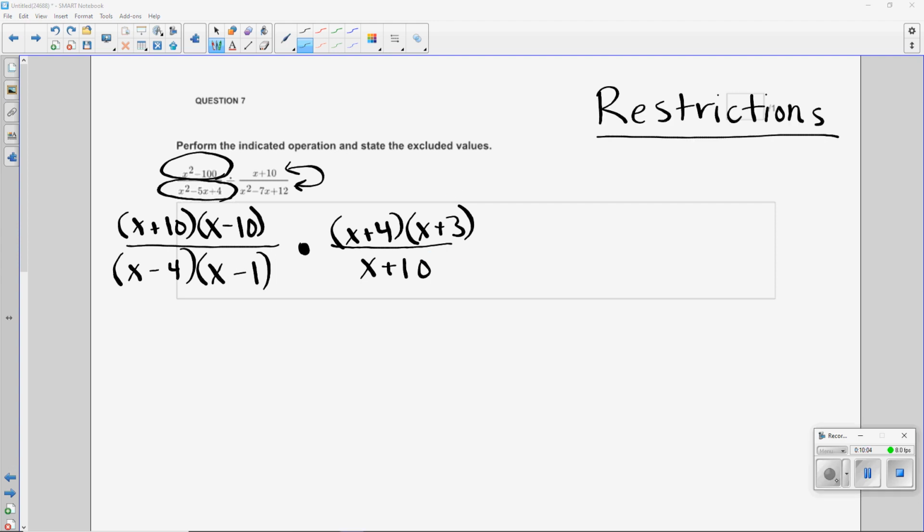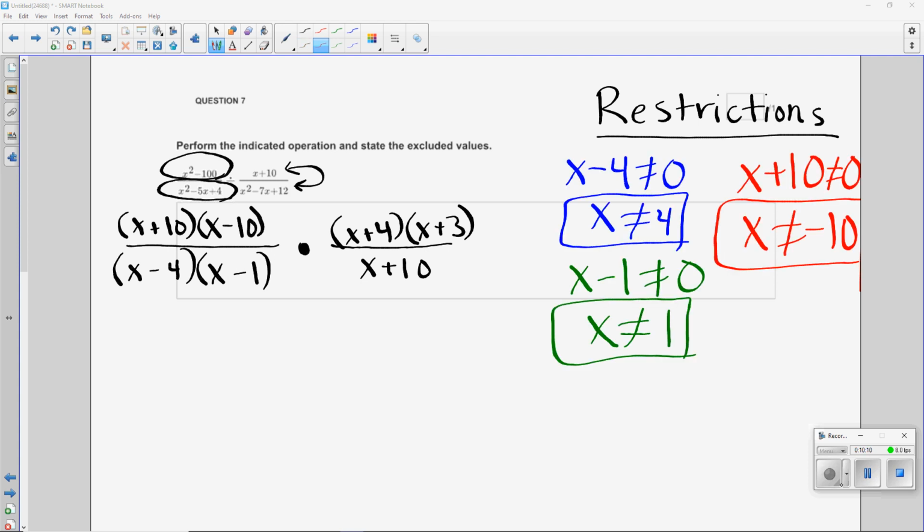So first we're going to list the restrictions. So set each bottom factor not equal to 0. So there's our restrictions. And then we're going to cancel out any like factors. I'm not seeing many. I see an x plus 10 at the top. And I see an x plus 10 at the bottom. The x plus 4 and the x minus 4 do not cancel out because they're not exactly the same.